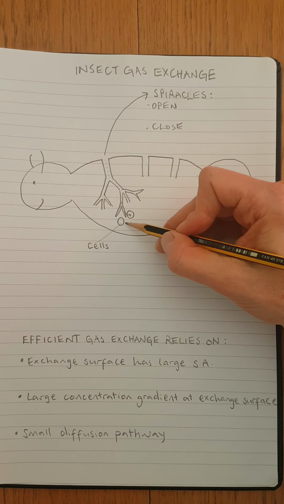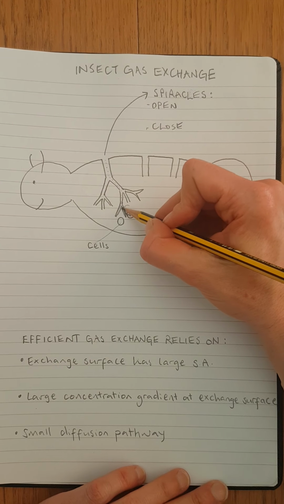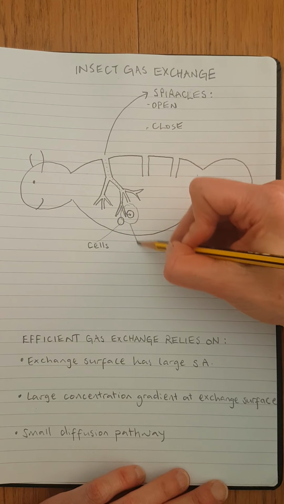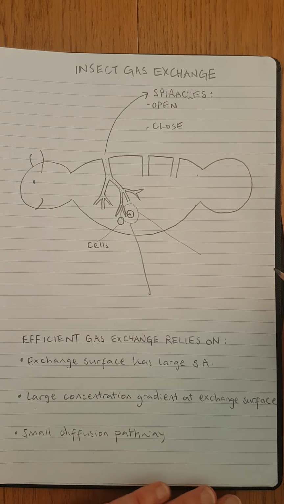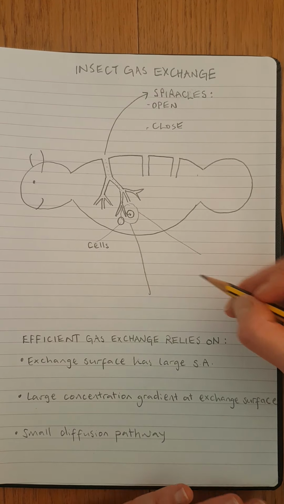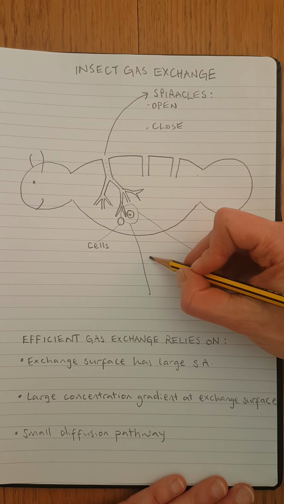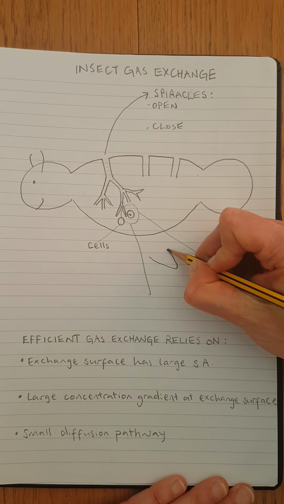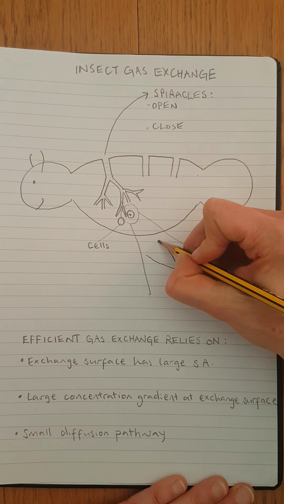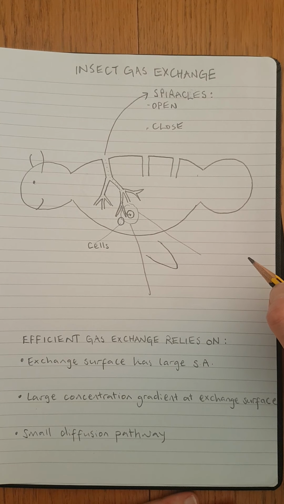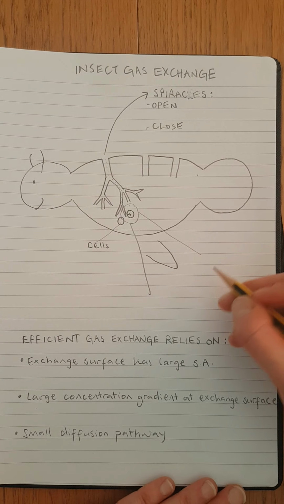I'm going to draw a little enlargement of this now. Okay, so let's have an enlargement of one tracheole next to one cell. It's important to say that each tracheole is really, really close to a cell, and every single cell has a tracheole really close to it.